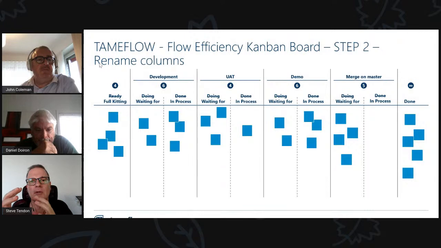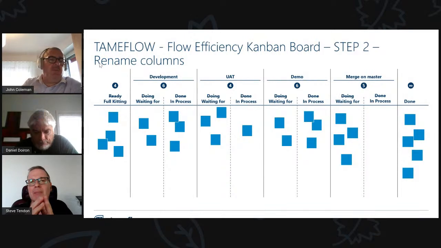It's not the engineering context, it's the broader socio-technical system that produces engineering artifacts. So it's a huge topic. So don't be misguided by this one single column that we choose to call full kitting, because it is part of that larger process.